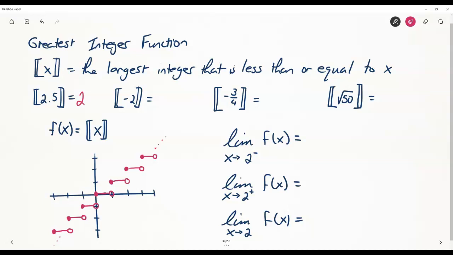For -2, if the number is already an integer, that's why it says less than or equal to x. So if you've got the greatest integer of a number that's already an integer, it's just equal to itself. -3/4, however, that's -0.75. You need to round that number down, so it goes down to -1.